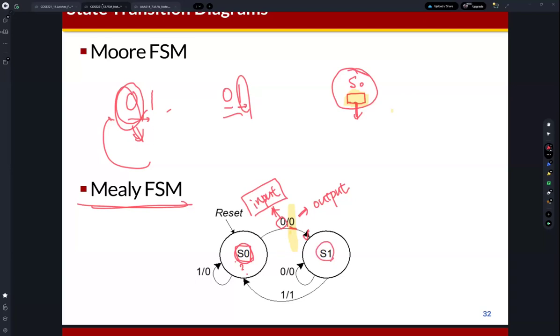S1 means if the next input is 1, then we can detect the output. S0 means it's the opposite state. That means even if the next value is 1, still the output is 0.